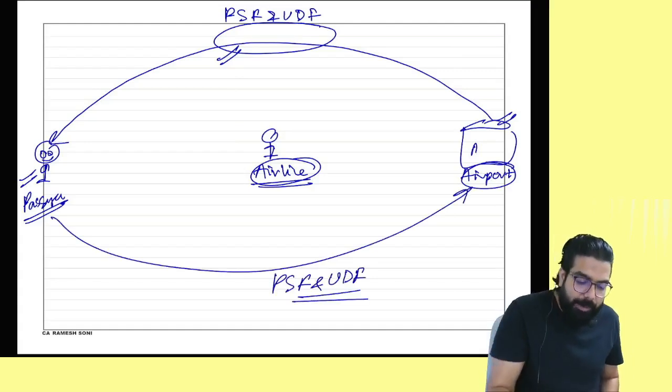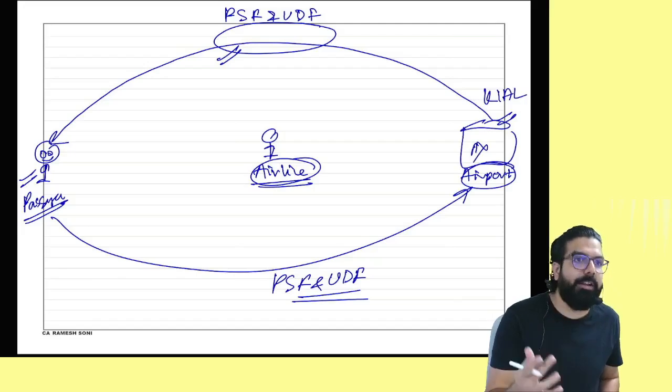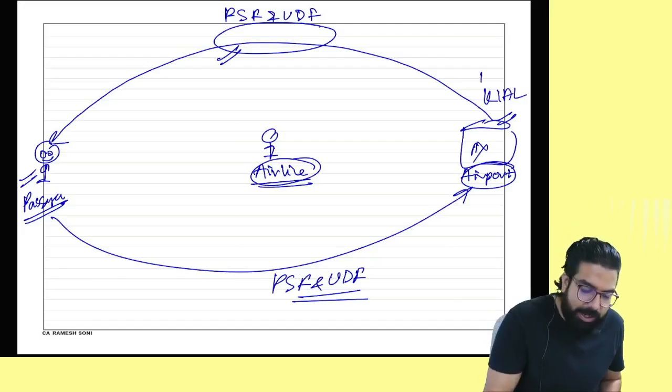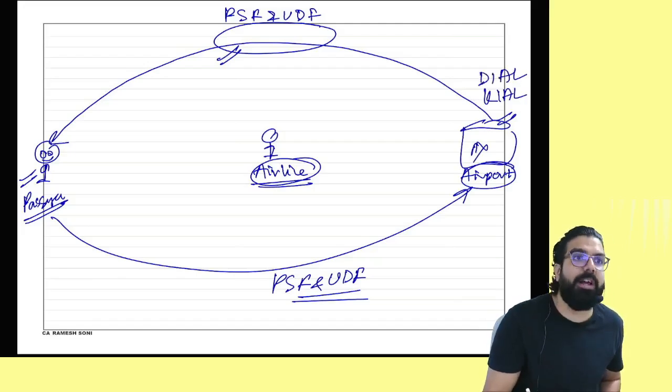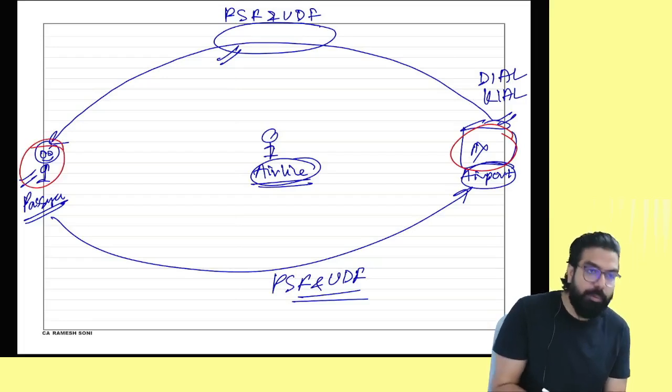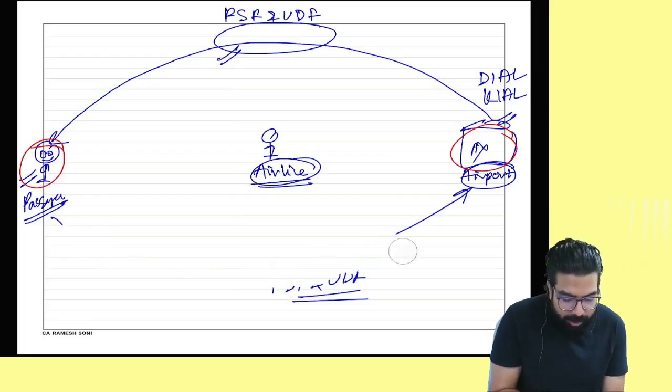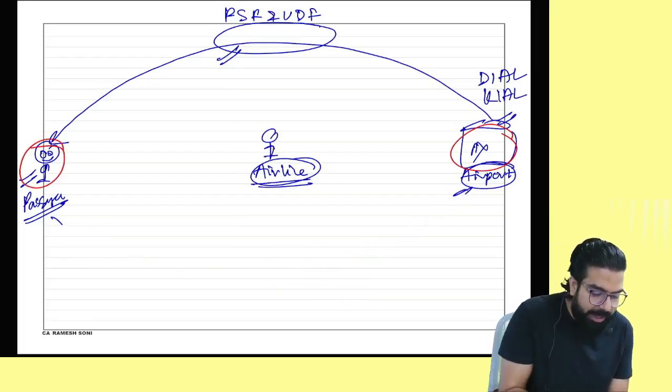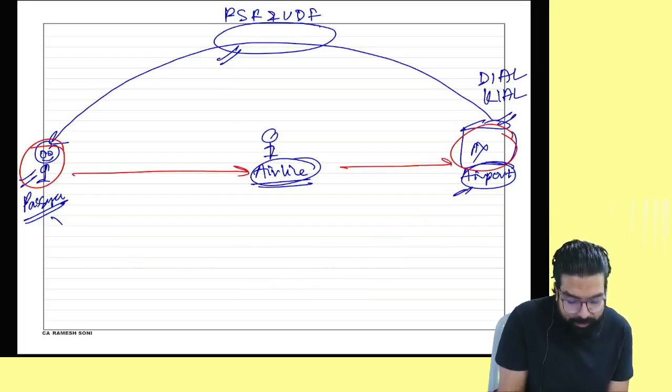Airport operators like KIAL, Kempegowda International Airport Limited, and Delhi International Airport Limited cannot collect the amount directly from you. They collect it through the airlines.